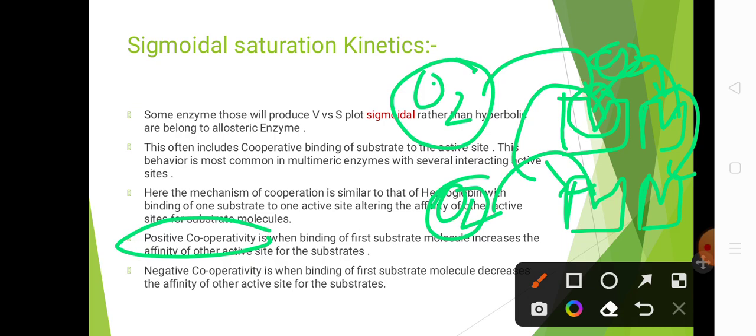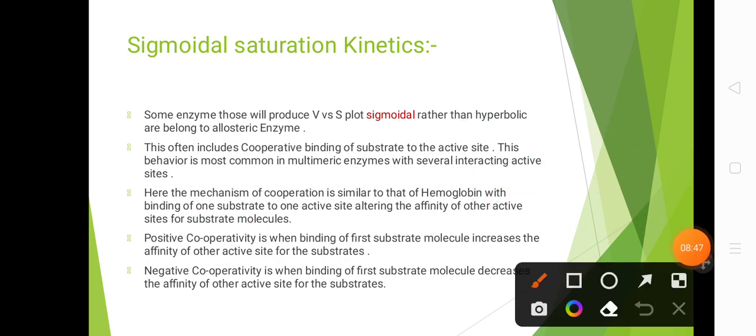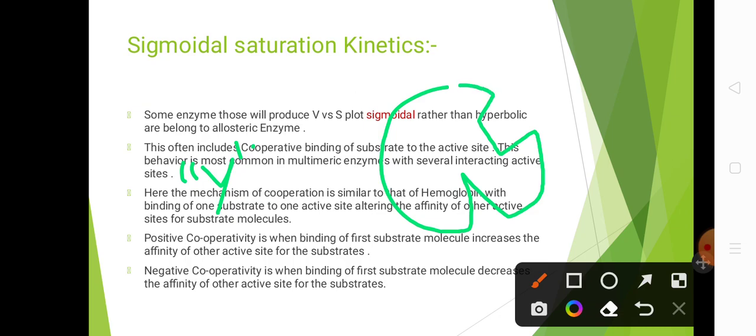But in case of negative cooperativity, things are different. So far we have been talking about this type of cooperativity with the hemoglobin example. Now let's take a hypothetical example. Here we are considering that the allosteric modulator is Y. Let's say this site will play the role of the allosteric site and this site will act as the active site.